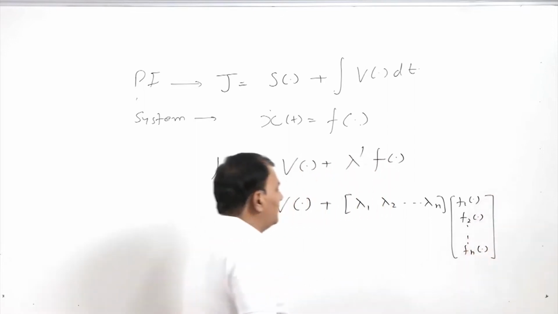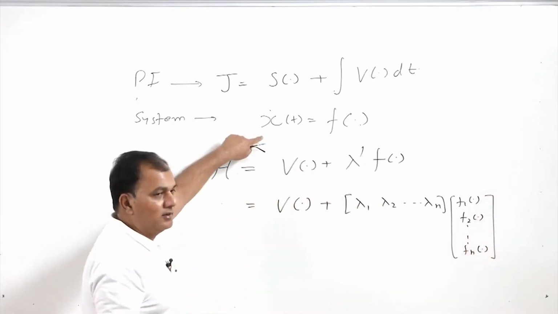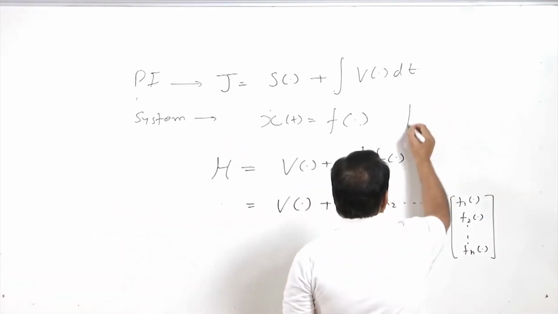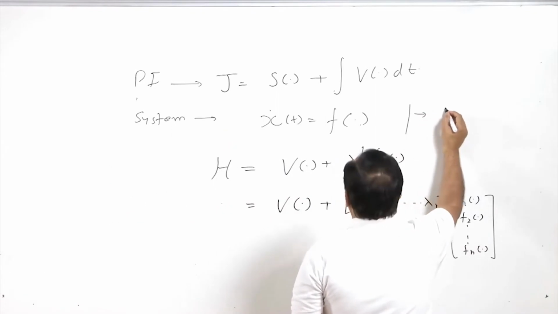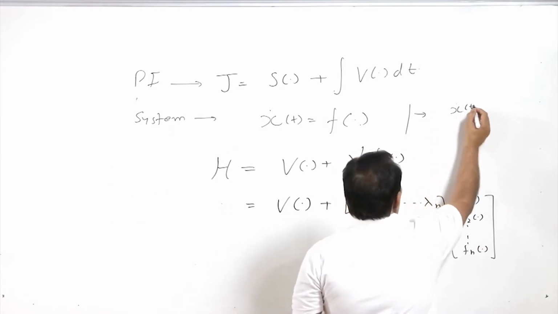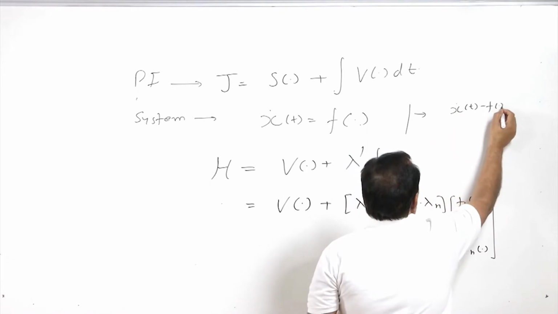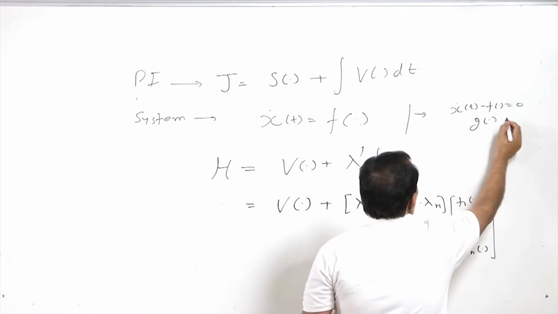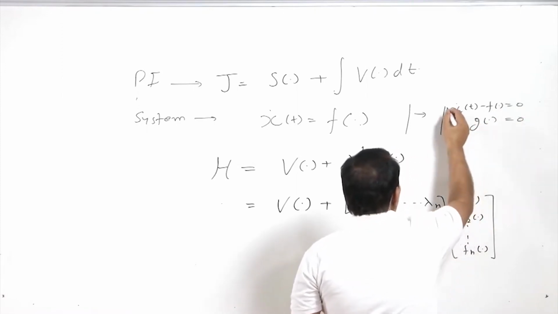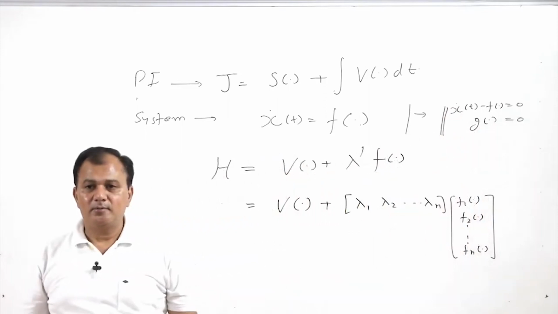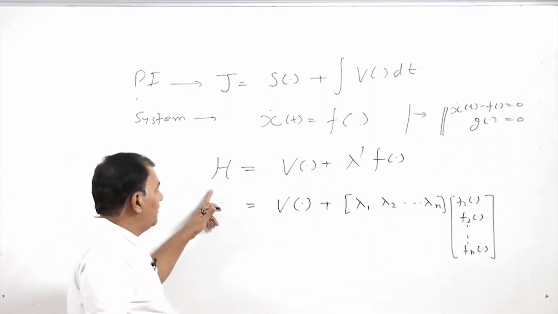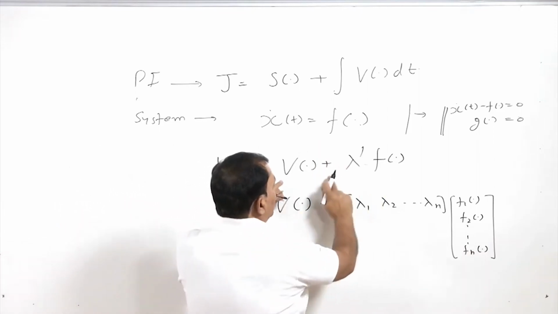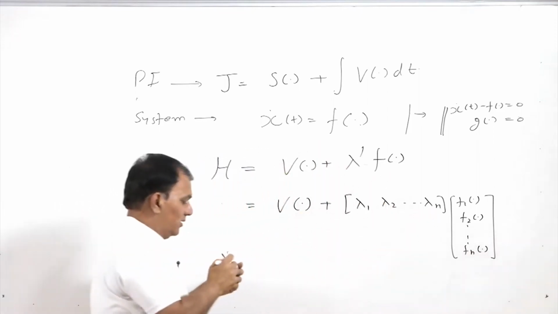So, whatever is my system that I am taking as a condition, in case of Lagrangian we have taken x dot t minus f equal to 0, which I am representing as g equal to 0. So, this was the condition in case of the Lagrangian, but in defining the H we take this f along with the v represented in this way.